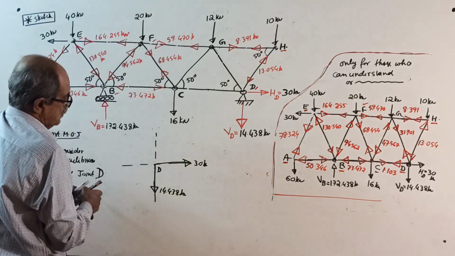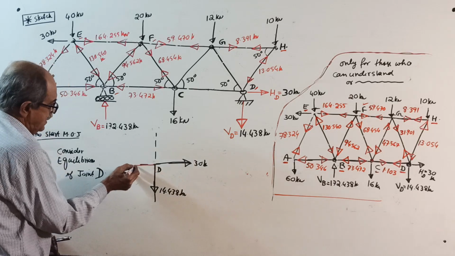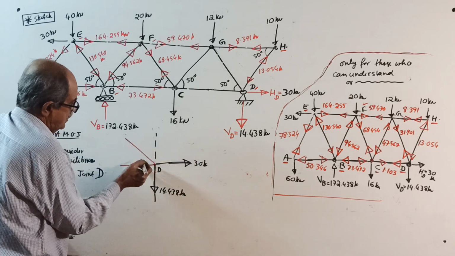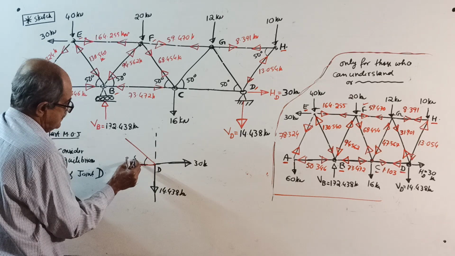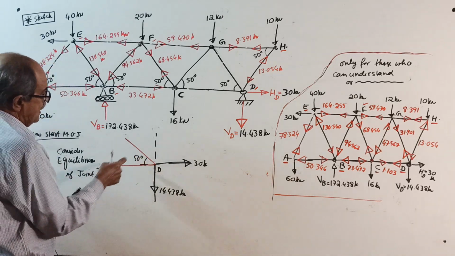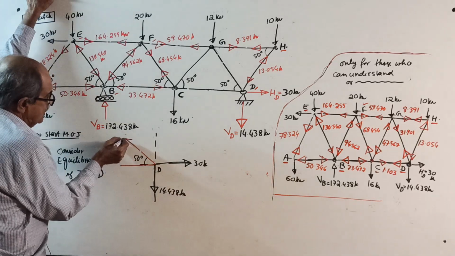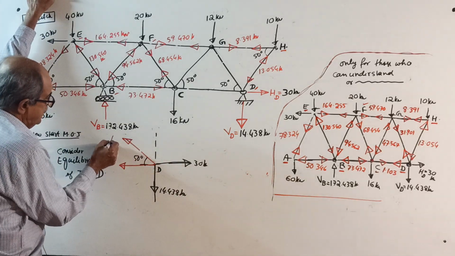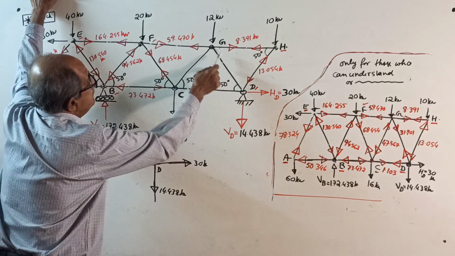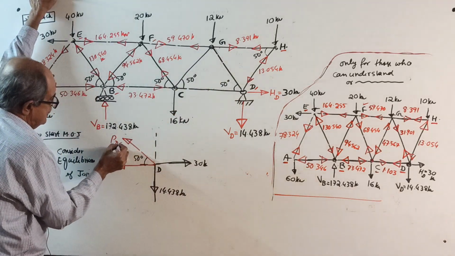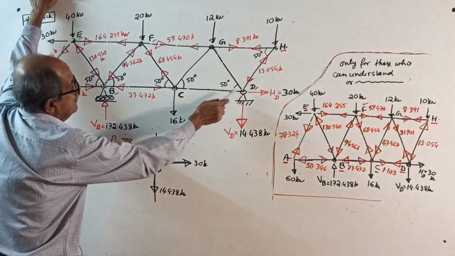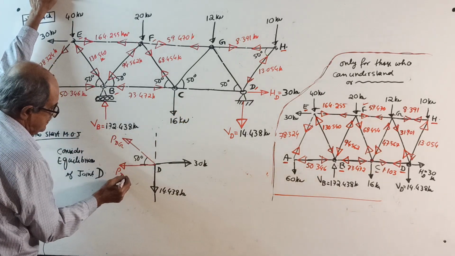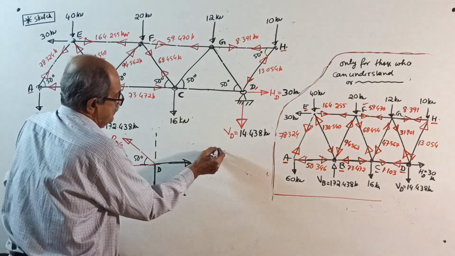Then one unknown force this way, one unknown force this way. This angle is 50 degrees for the inclined member. I will take both like this. P for DG, P for DC. Make sigma V equal to 0.